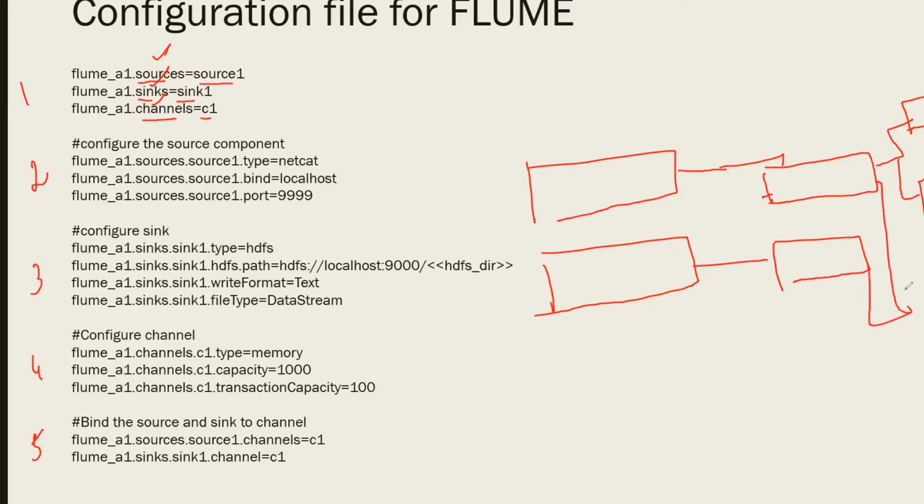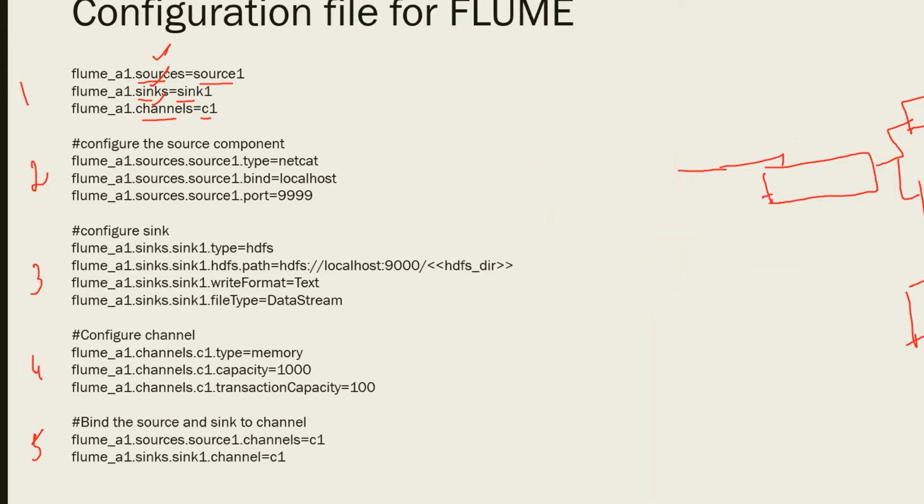That is also possible. So you can have n number of sources, sinks and channels in one single Flume agent, depending on your use case and business needs. That's why the names are all plural.